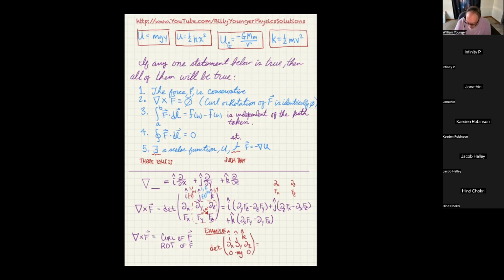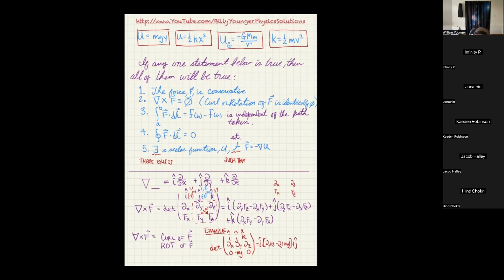So you can automatically see that looking at the formula I had before, since f_z and f_x are 0, you're going to get a lot of stuff canceling out. In fact, I can write it down. This i hat is going to be partial sub y of 0 minus the partial sub z of negative mg, which is also 0, plus j hat.